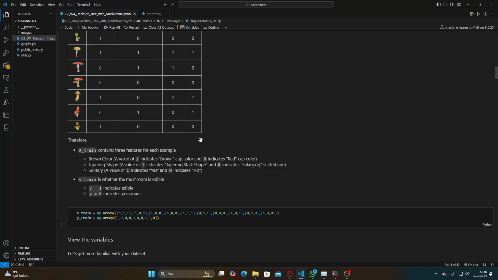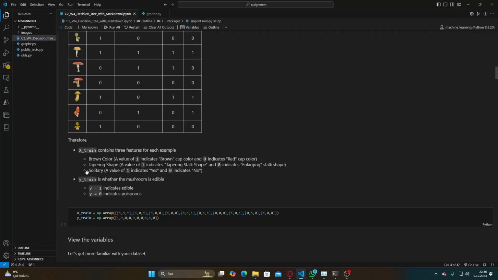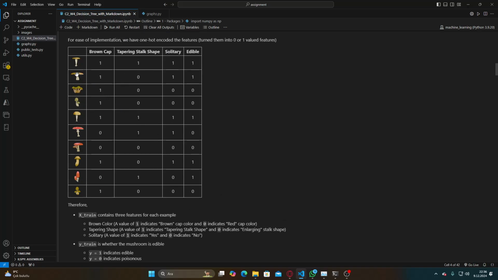Therefore, X_train contains three features for each example. Brown color: 1 indicates brown, and 0 indicates red. Tapering shape: 1 is the value for tapering stalk shape, and 0 indicates enlarging stalk shape. It's more enlarged, and here more tall.